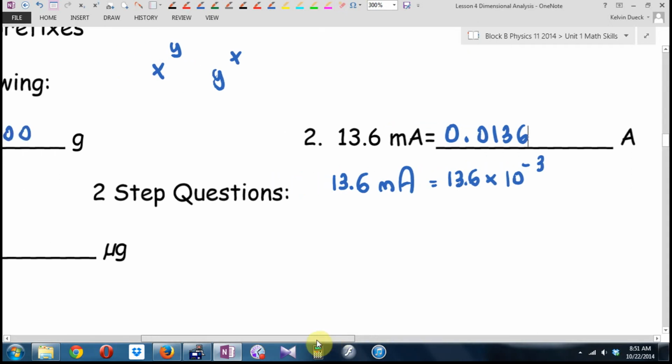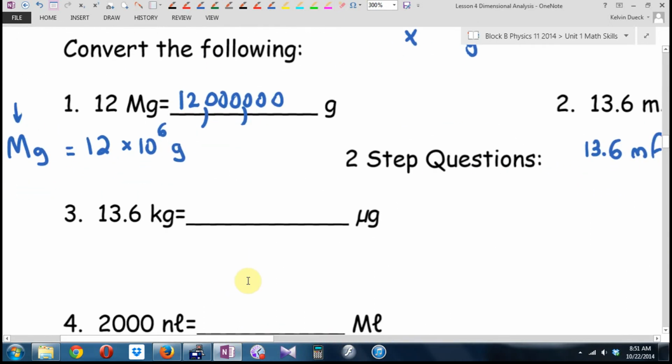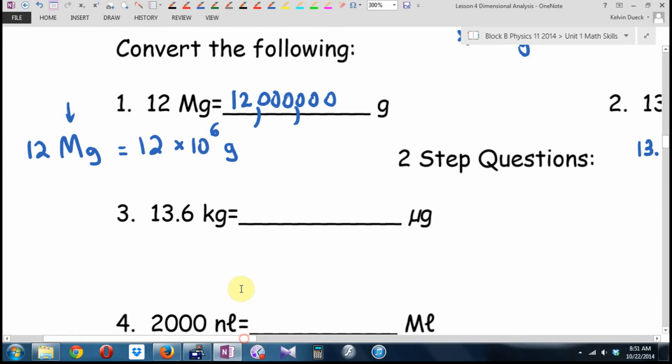2 steps. 2-step questions. I want to introduce to you the idea of building a conversion chain. A conversion chain. And this is the useful skill that can bail you out an awful lot and let you get away with a lot less memorization.